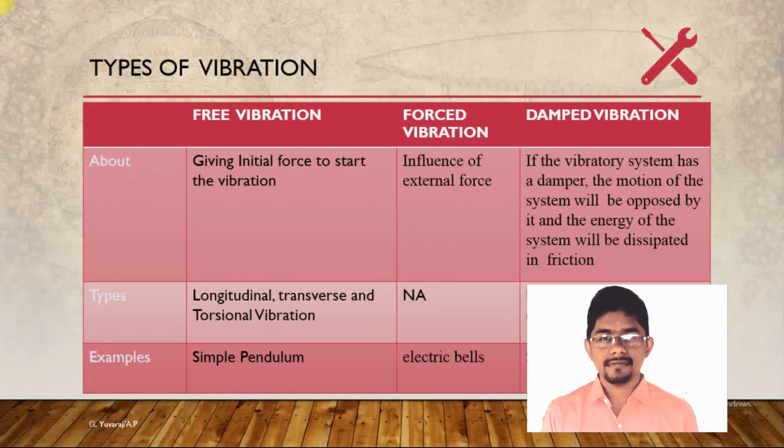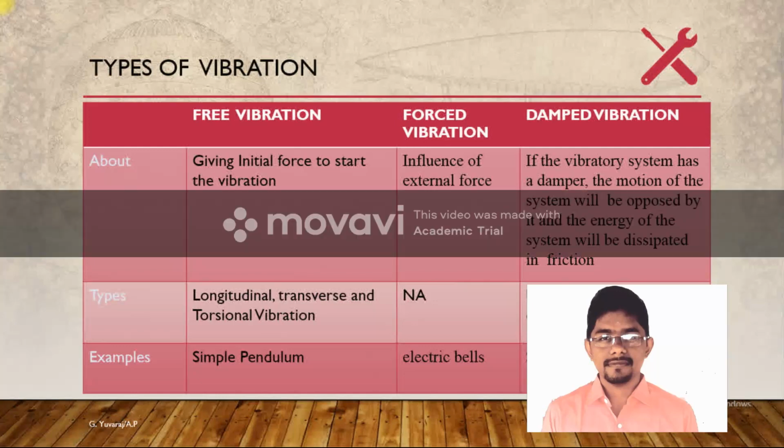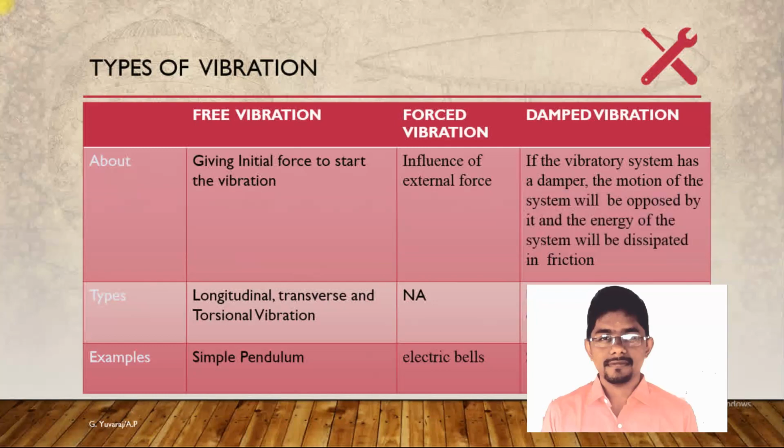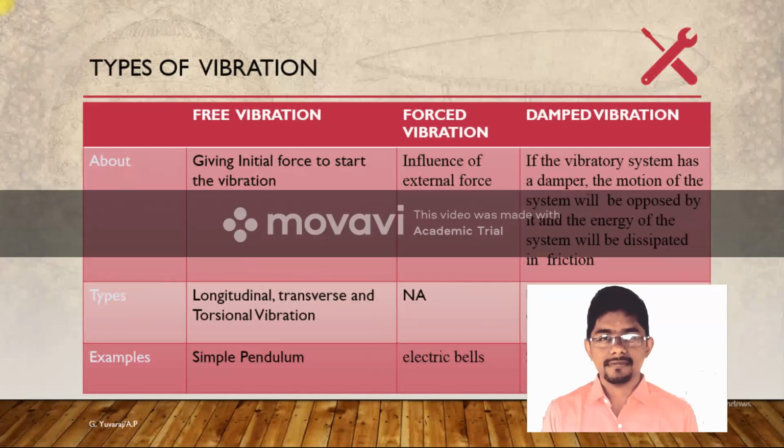Therefore, forced vibration is highly dangerous. Under forced vibration, such as electric bells or any kind of forced vibration components, the component faces resonance. So first of all, what does resonance mean?